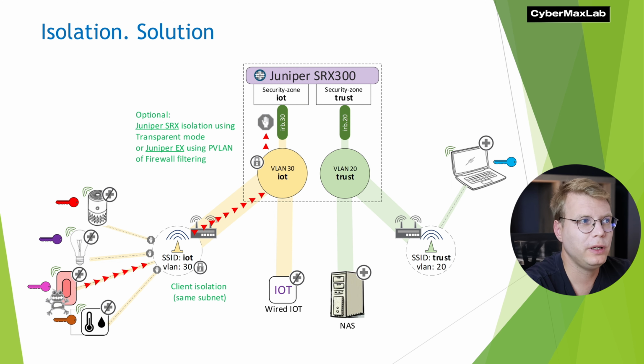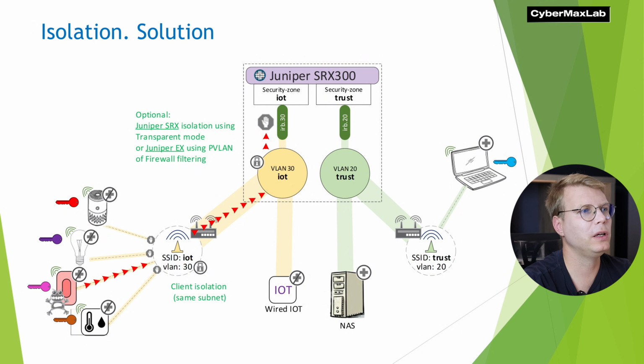But optionally, client isolation can also be done on the SRX itself using a special mode called transparent bridge mode, or using a dedicated switch like Juniper EX using private VLAN or firewall filtering for the Ethernet switching.